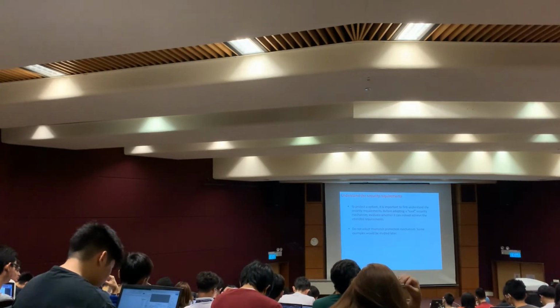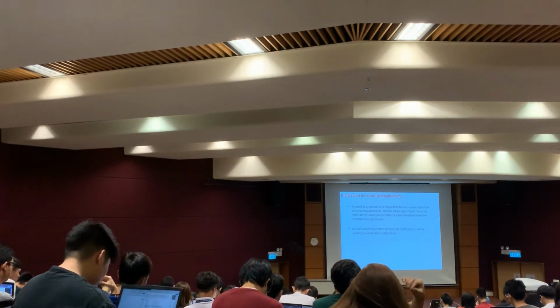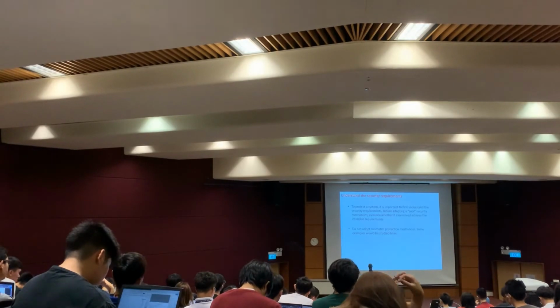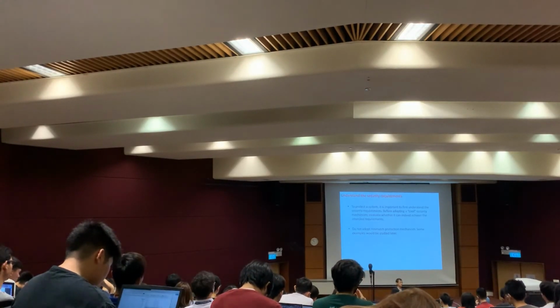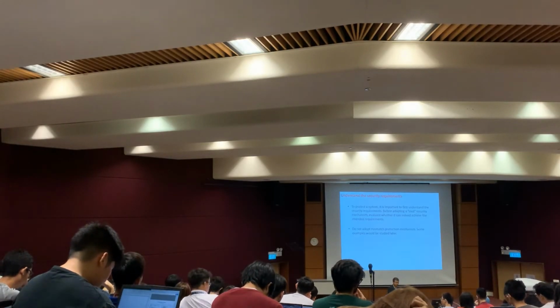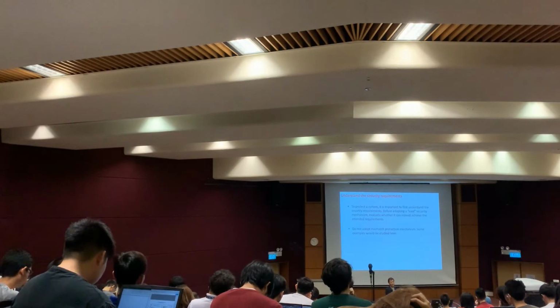Very often people will use encryption, but encryption only protects confidentiality. If the requirement is about integrity, then you cannot just use encryption alone. There will be an example later. I think there is a tutorial question on this.